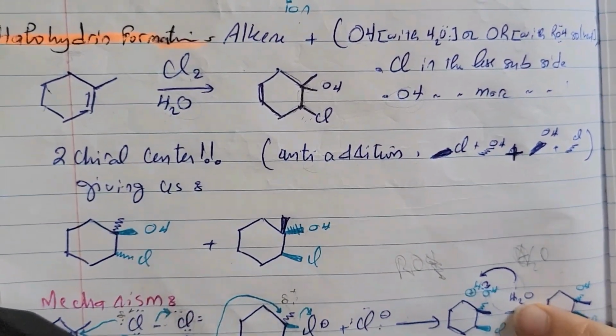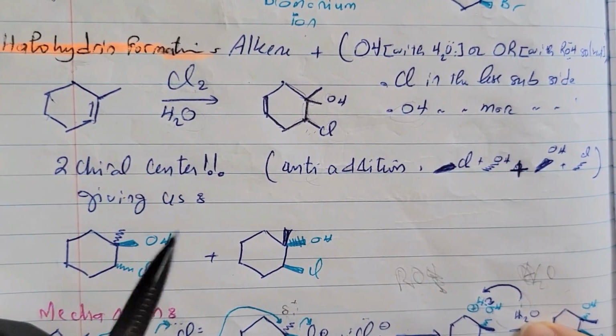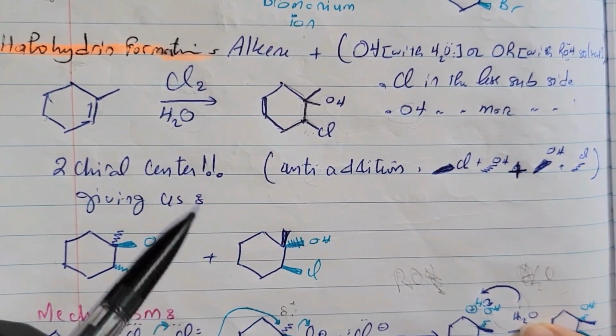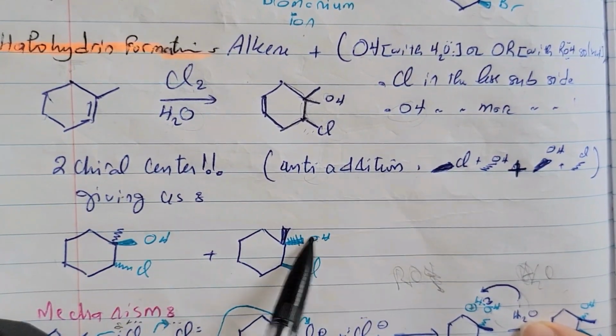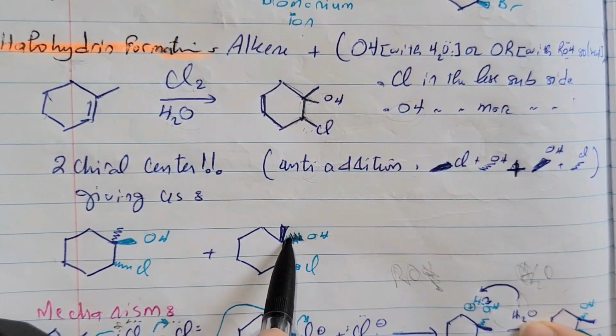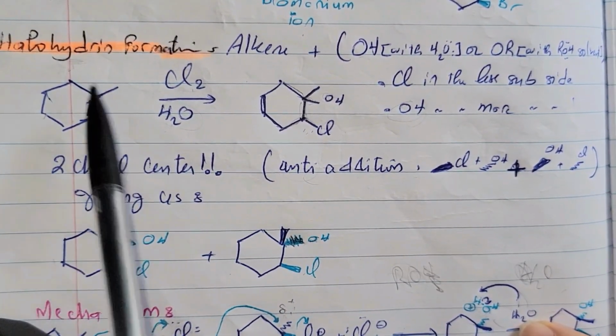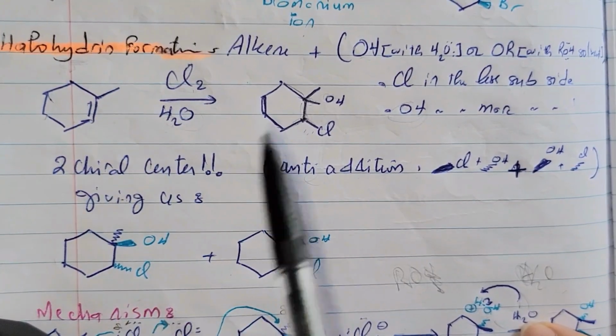That's what we're going to have here as a result. Sorry, here it's dashes, to the back, and chlorine towards us. So this is the halohydrin formation.